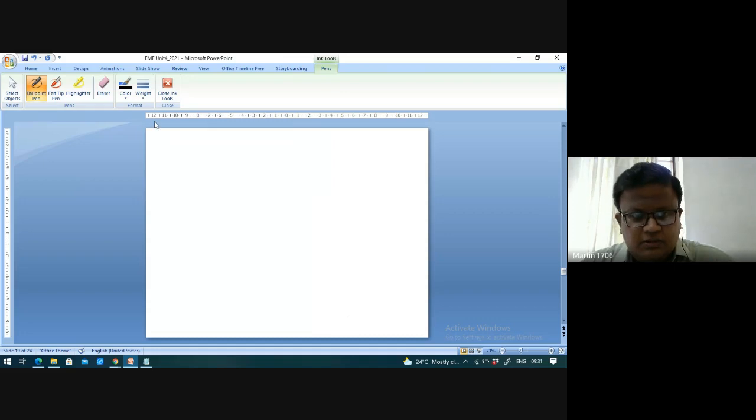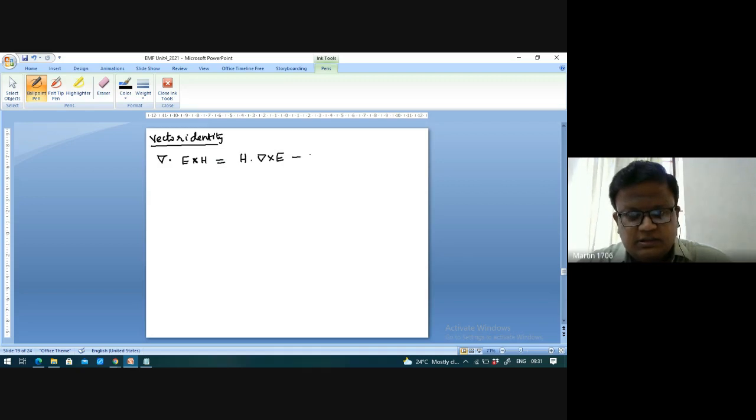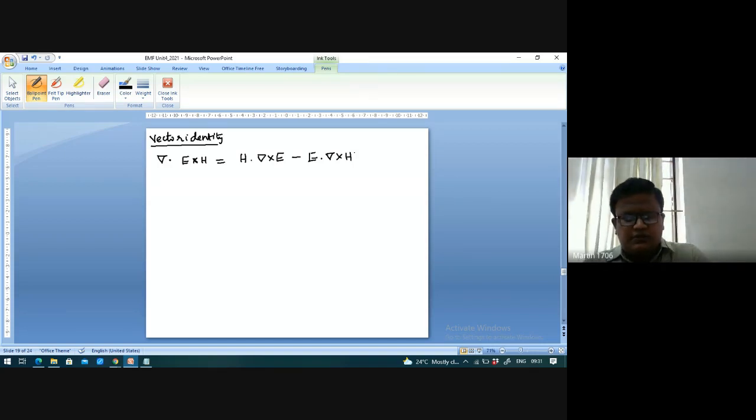Let me go with the notation of E and H. The vector identity: del dot E cross H can be written like this: H dot del cross E minus E dot del cross H. So this is one of the vector identities.